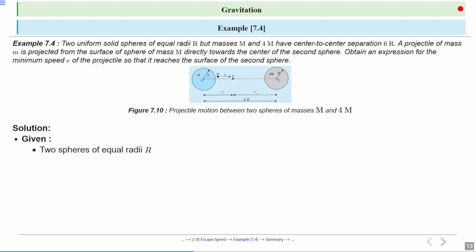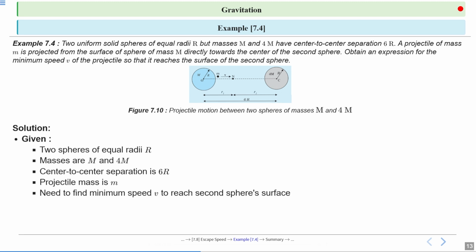Alright, so masses are M and 4M, center to center separation is 6r, and the projectile has mass m. So we need to find the minimum speed v to reach the second sphere's surface.